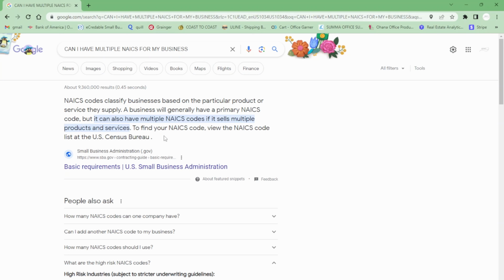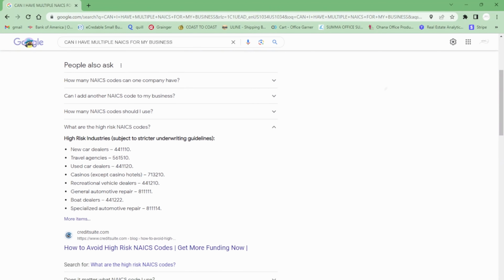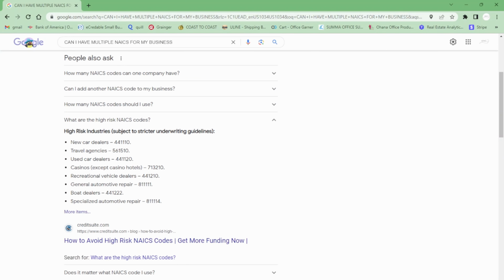So the next question people ask me: how do you know which industries are high risk industries? So look, I just scrolled down. It says people also ask, what are the high risk NAICS codes? So high risk industries, let's talk about what they mean by that. Just because your industry is high risk, that does not mean you cannot get any type of financing, or nobody's going to lend to you.